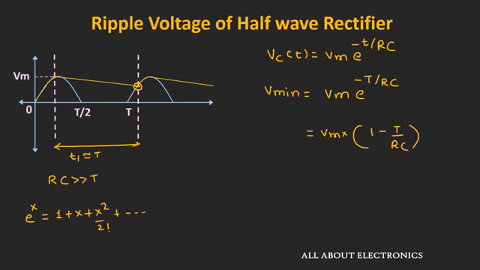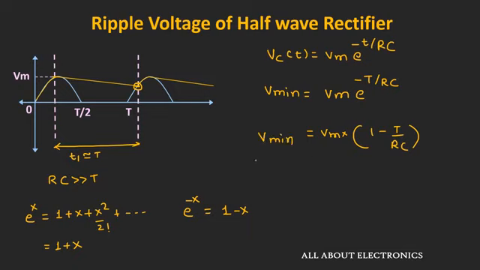And if we assume that this x is much less than 1, in that case the higher order terms can be neglected, and we can write this expansion as 1 plus x. And if this x is negative, that means if we have e to the power of minus x, in that case we can write this expansion as 1 minus x. So using this expansion, we have written this expression.